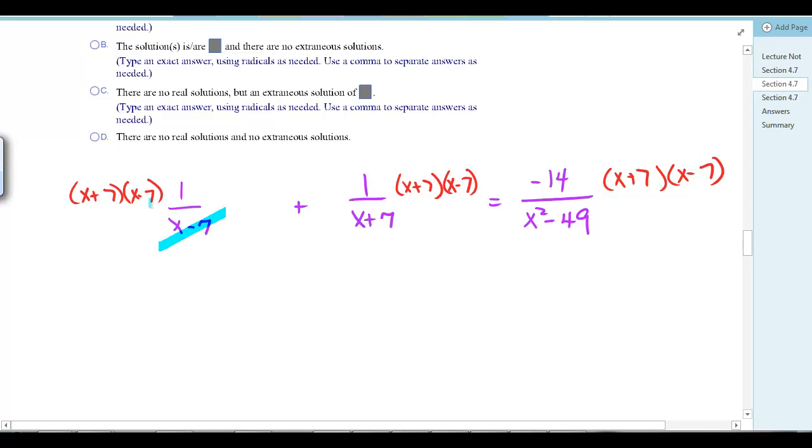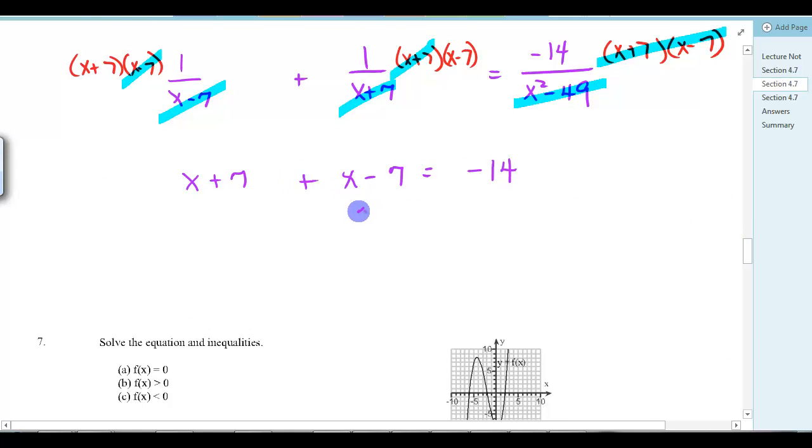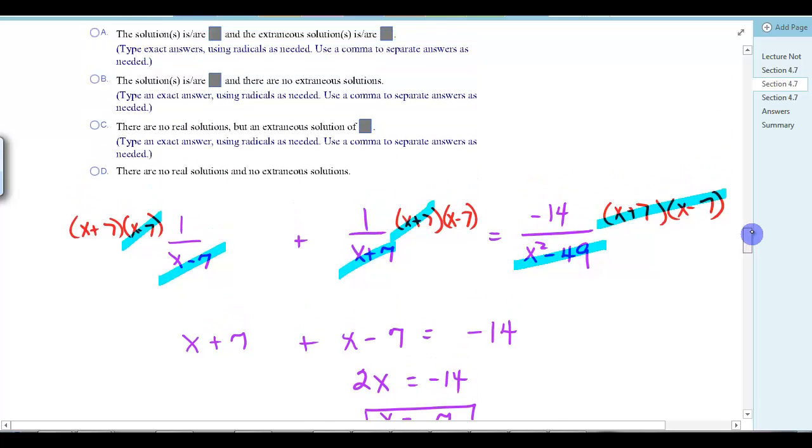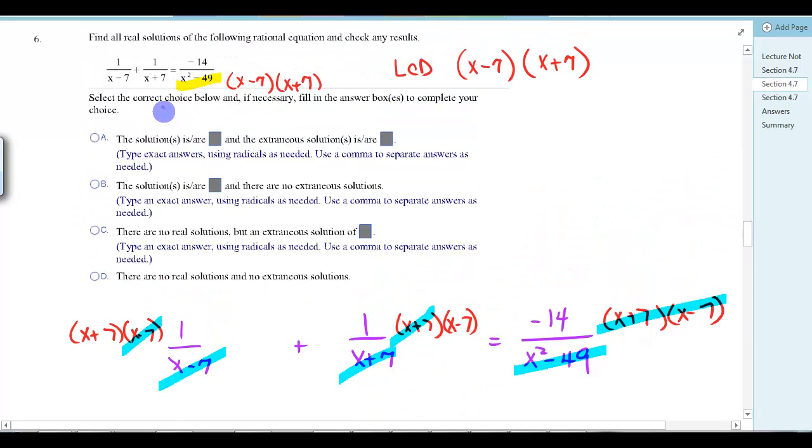All right, so here that one goes away, that one goes away. That takes care of both of those. All right. So we're left with x plus 7 plus x minus 7 equals negative 14. The 7's cancel out. I've got 2x equals negative 14. X equals negative 7.